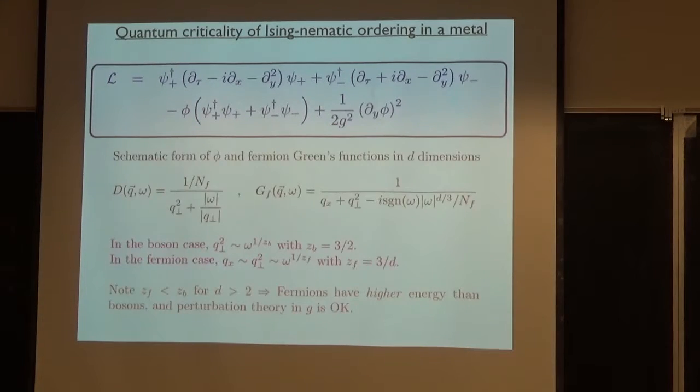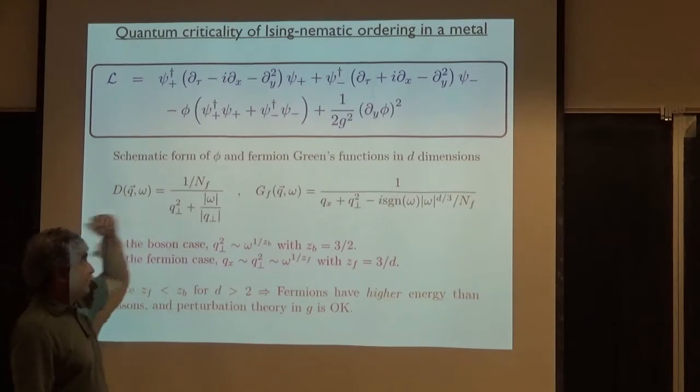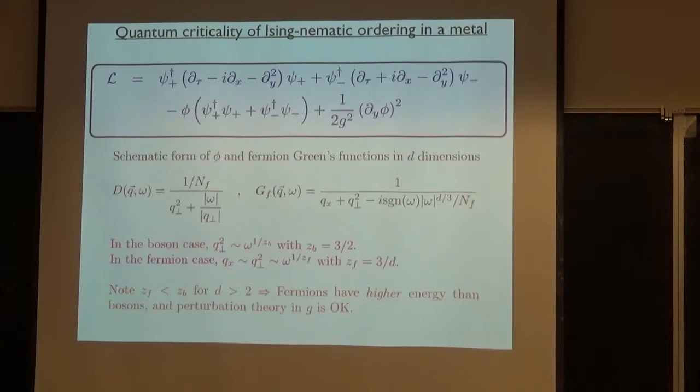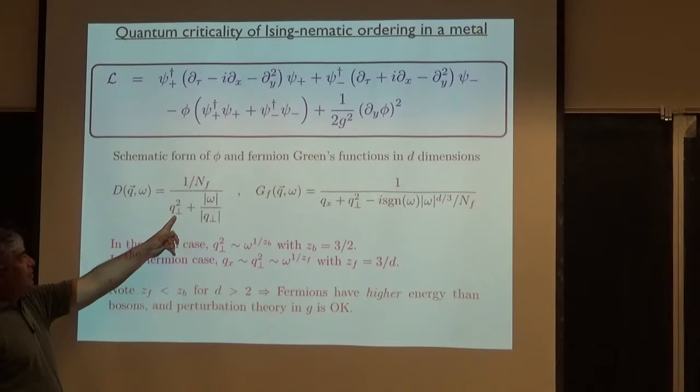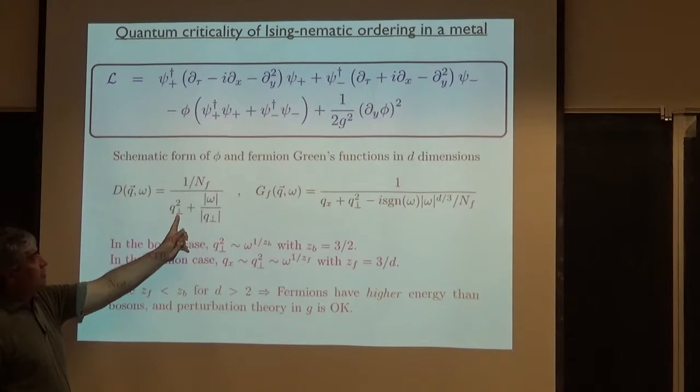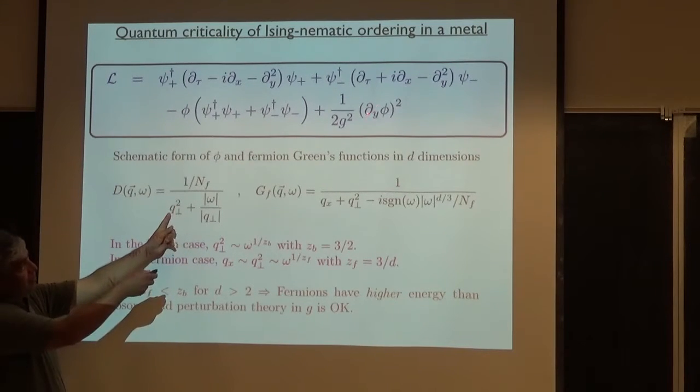Okay. So let me summarize. I have a boson, I have a fermion. I just did some kind of conventional perturbation theory for the boson, and let me do this in d dimensions. For bosons, you'll find you get this q squared, that's this term here.